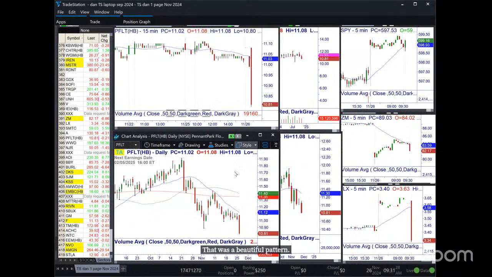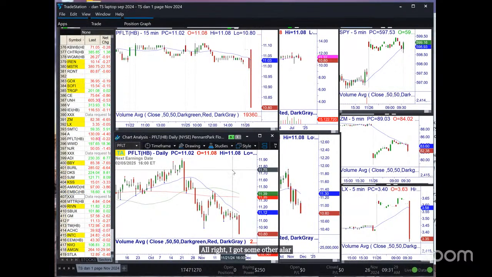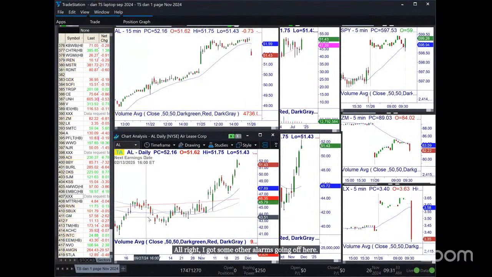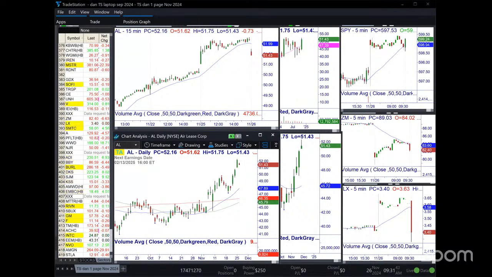All right, I got some other alarms going off here. Alpha Lima, we have a third lot. You know what, with that bear gap, let's just sell it instead of waiting for yesterday's low to get taken out.